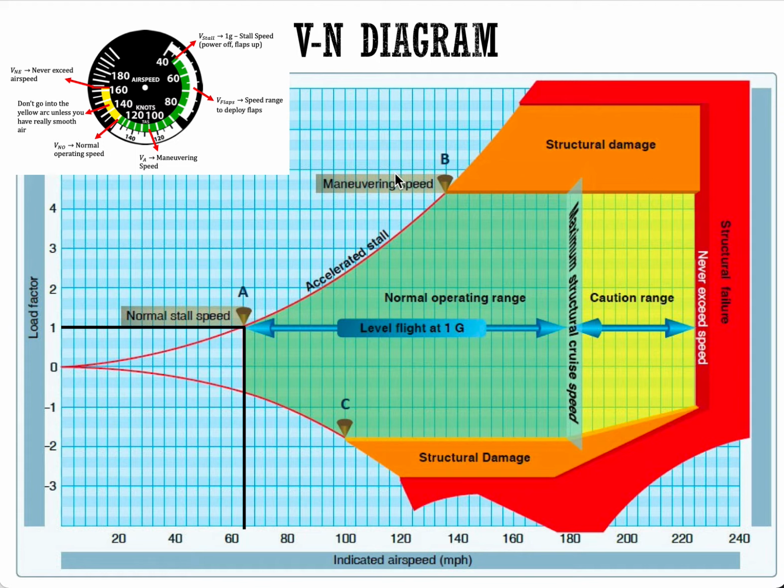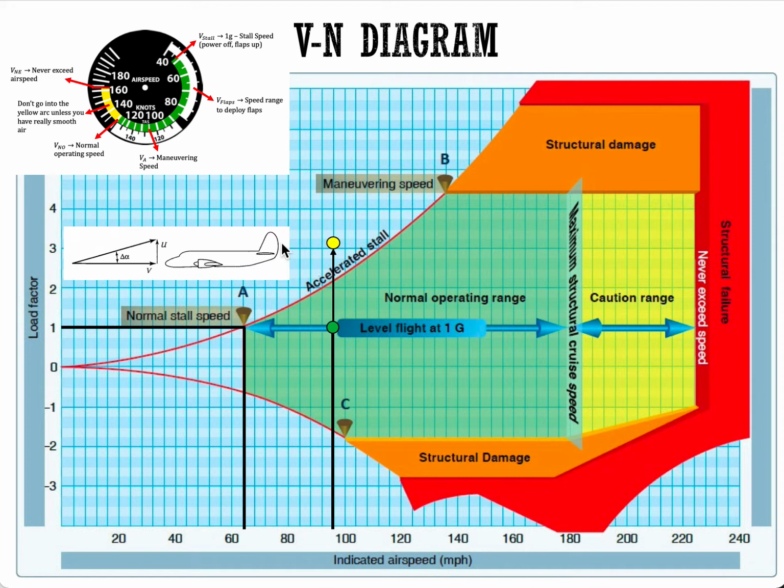In a way, it's actually a good thing, right? Mainly because, consider a case where you're cruising along at a given altitude at 1G flight. Lift is equal to weight, the typical cruise condition. Say you're cruising at a speed of around 90 or 95 knots. Suddenly, say you get hit by a thermal or a gust. A gust is essentially a sudden change in angle of attack.